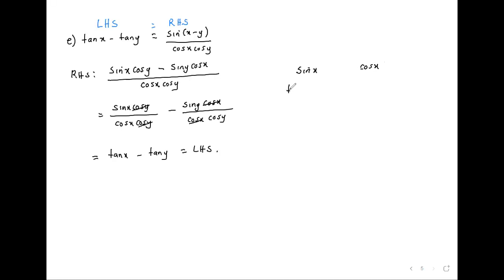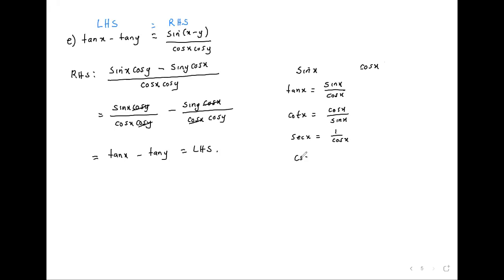Then we have tan x written in terms of sine over cos. We have cot x written as cos x over sin x. We have sec x written as 1 over cos x.